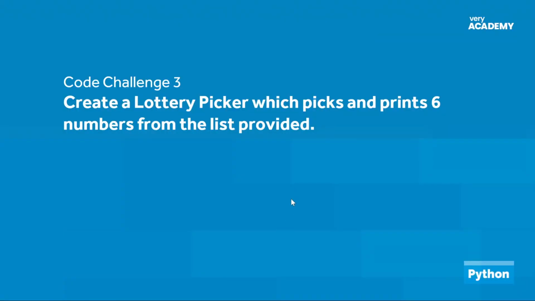So now we're going to create a lottery picker which picks and prints 6 numbers from a list provided. So here we're going to imagine it's a lottery situation. So we've got numbers, say 1 to 60. Now we're going to randomly select 6 of those numbers, which are going to be the winning numbers from the list, and display them.